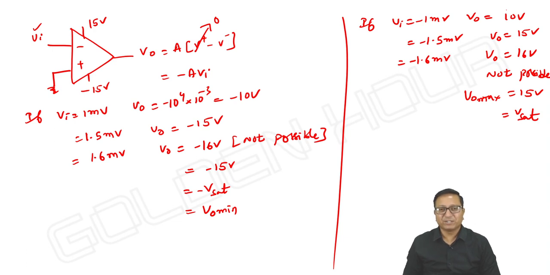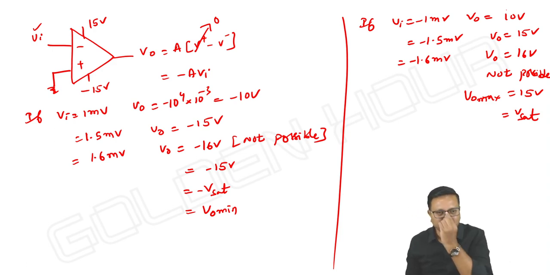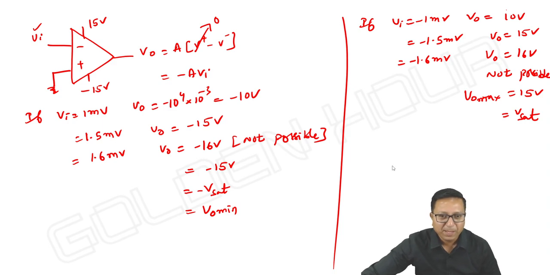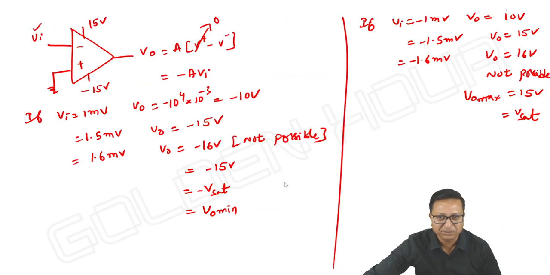Okay. Based on this, I would like to draw the transfer characteristics of the operational amplifier. Okay. And here I showed one more point. I applied input either at non-inverting or inverting terminal. Right. Positive and negative inputs I gave at the non-inverting terminal, and similarly I applied input at the inverting terminal. Right.